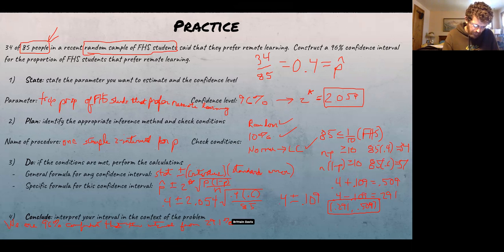From 29.1% to 50.9% captures the true proportion of, and now we add the context of FHS students who prefer remote learning.